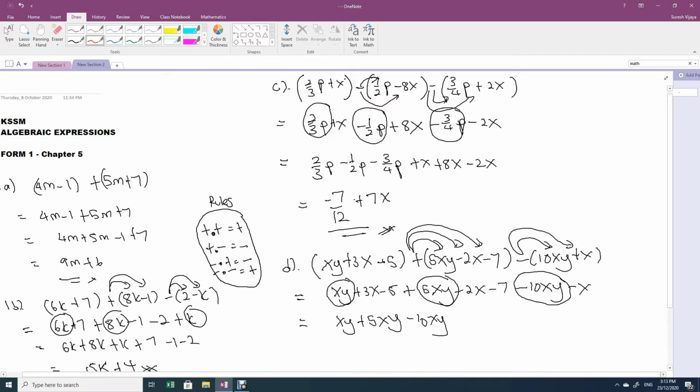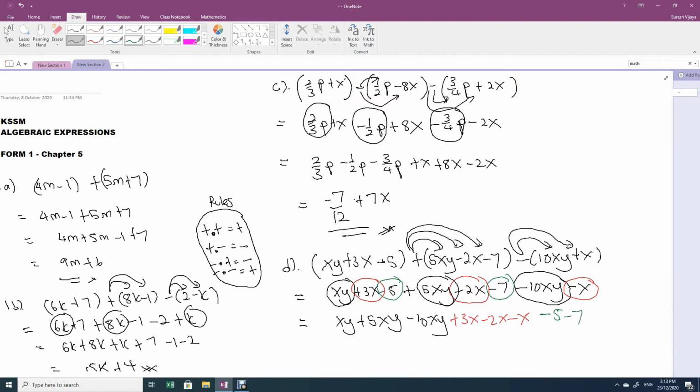Then next you have to arrange the algebraic terms with the variable x together. So we have plus 3x minus 2x minus x. Then the final one will be minus 5 minus 7. Write down minus 5 minus 7.